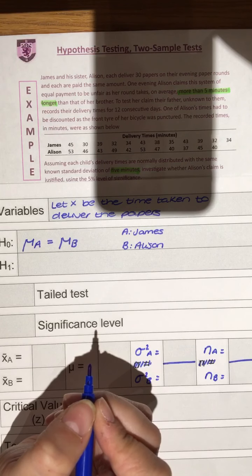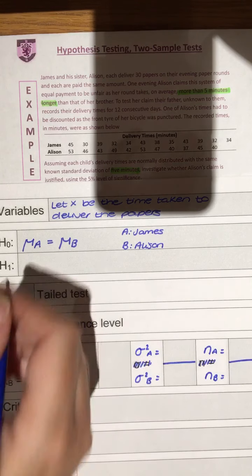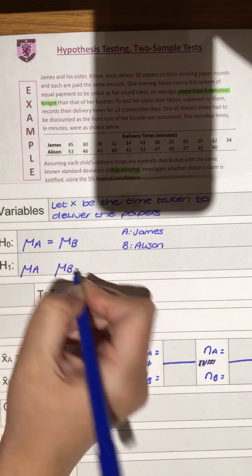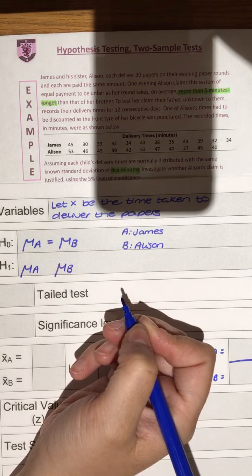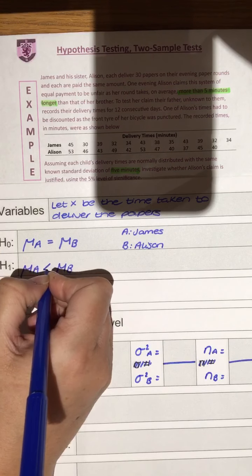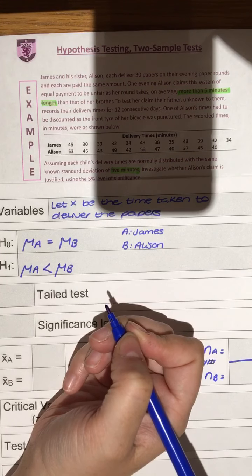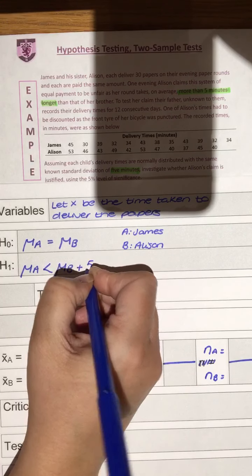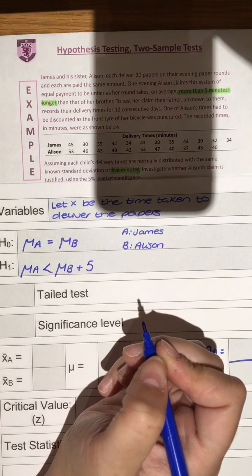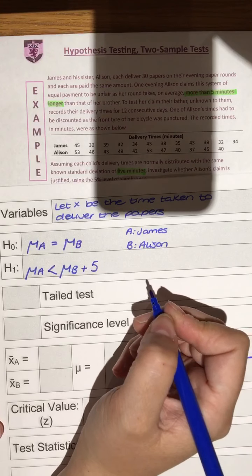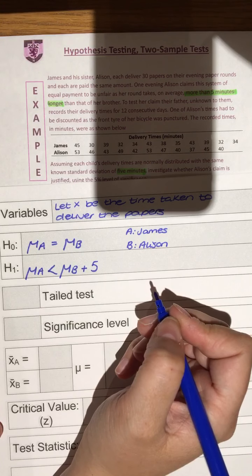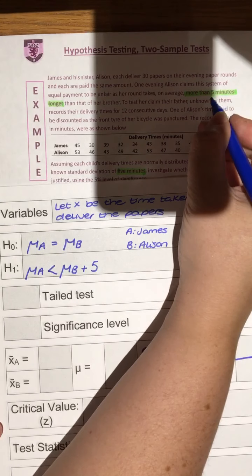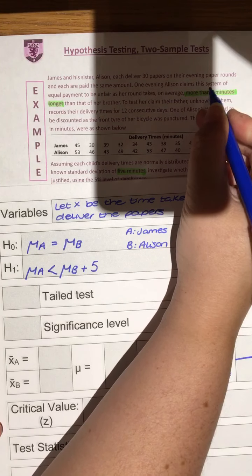Now Alison is claiming, I'll just write it like this, that her round takes longer, so that Alison is bigger than James, but not just bigger, bigger by 5 minutes. So I need to put onto my hypothesis that this is mu A less than mu B plus 5, and that's this 5 minutes, if you can see just in the shadow here.